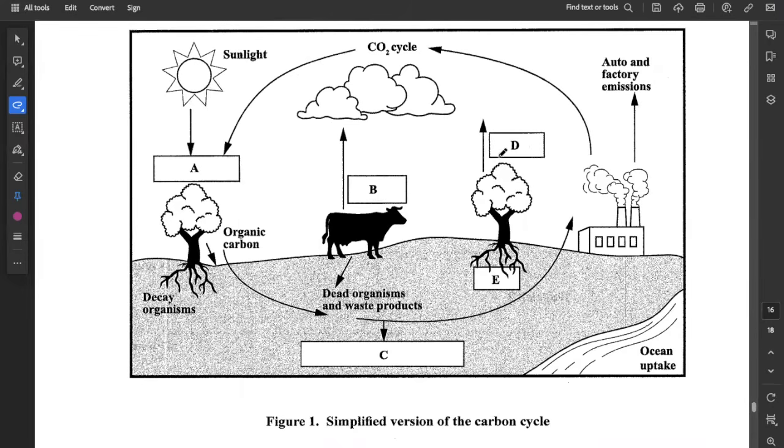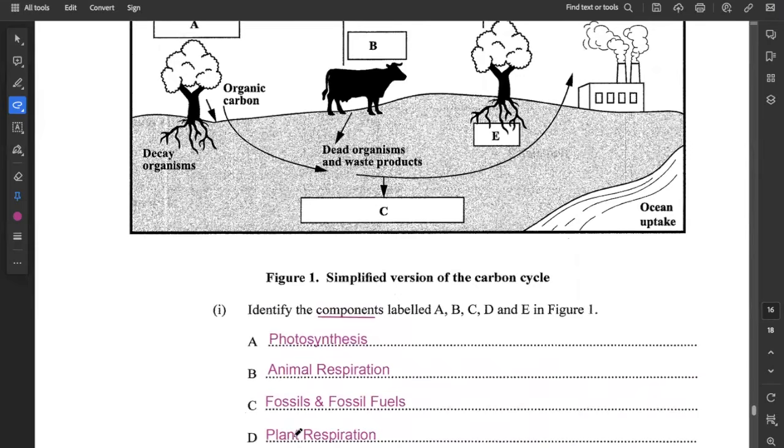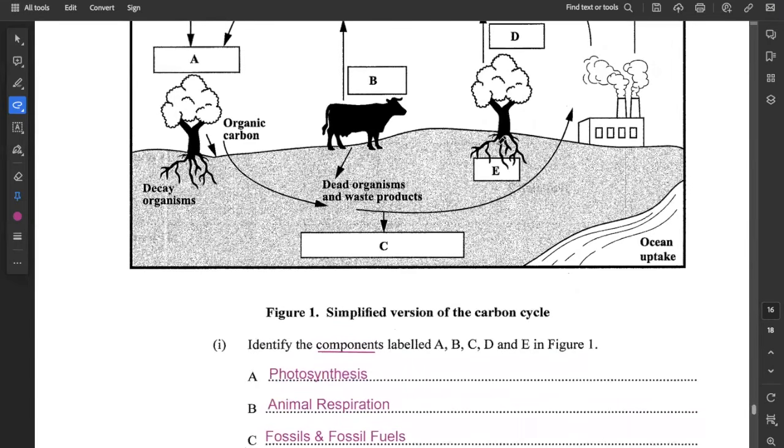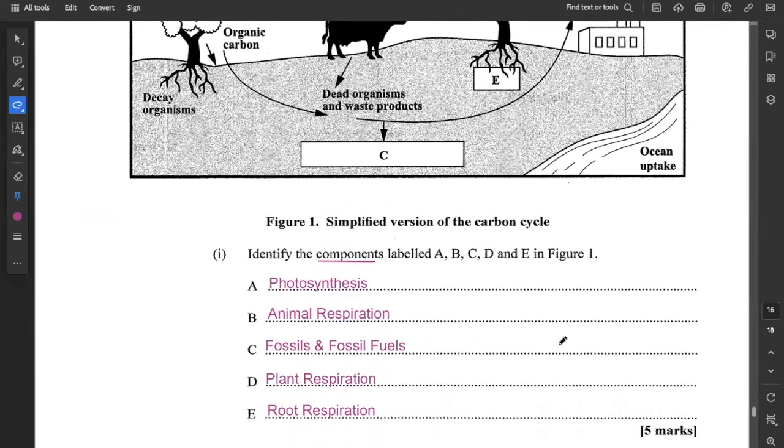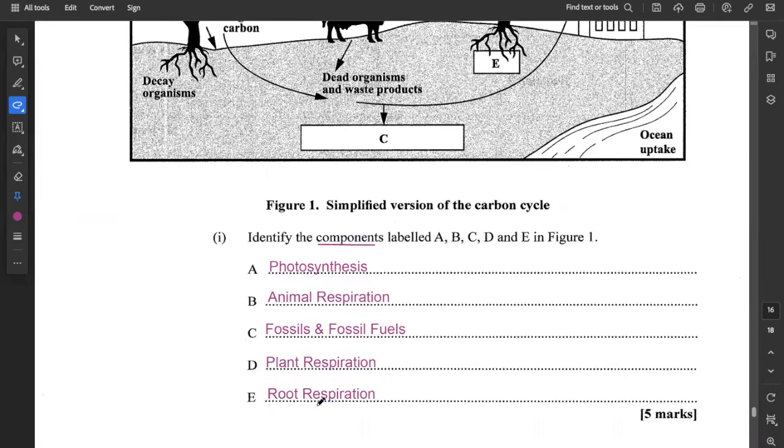So D is going to then be plant respiration. And then here we see E, we see that there are these roots, and the roots respire too. So the E is going to represent root respiration, okay? So that's our components labeled from A through E. And for 5 marks, if you touched on all of these, you are good for 5 marks, okay?